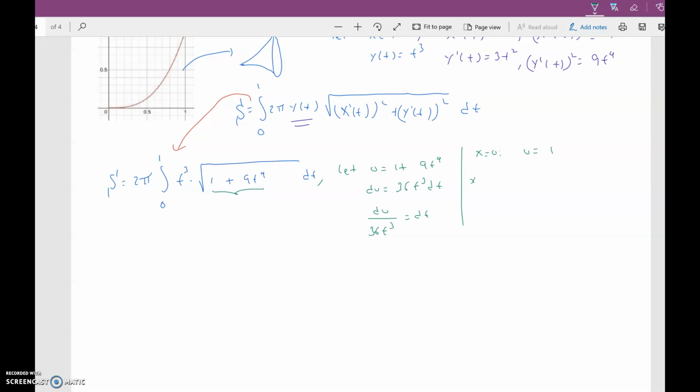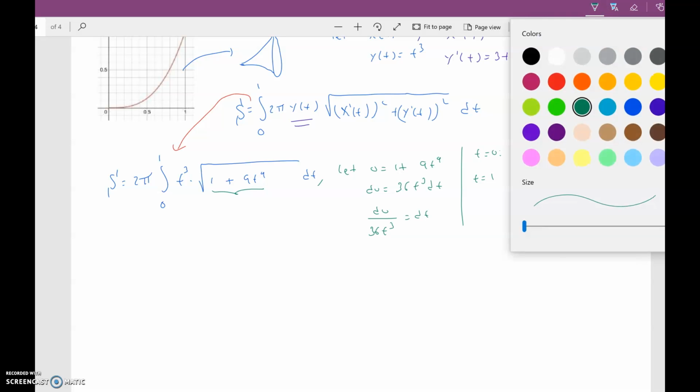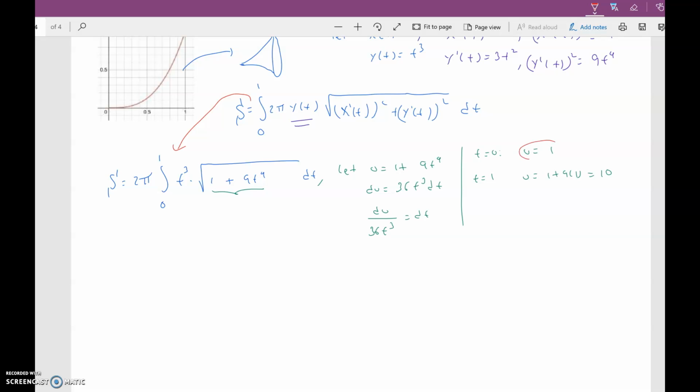And for t equal to 1, u is equal to 1 plus 9 times 1, or 10. So those are going to be the new limits of integration.